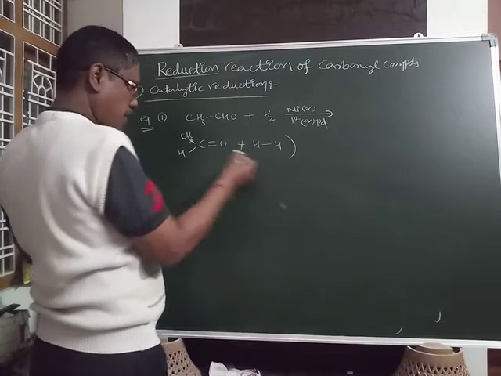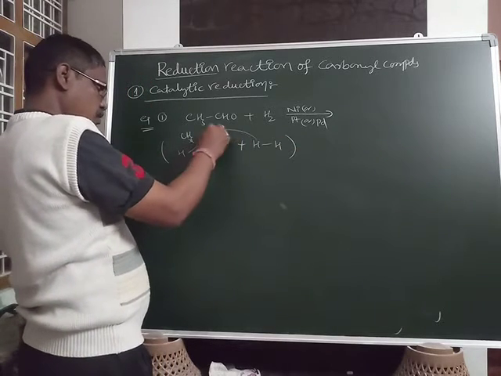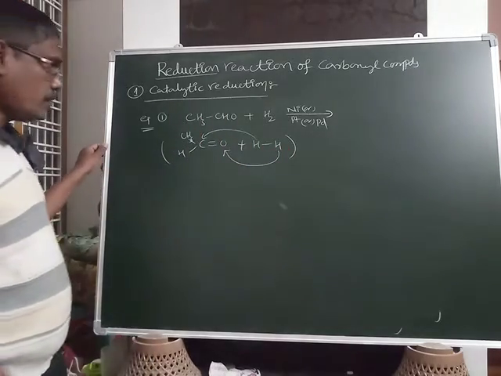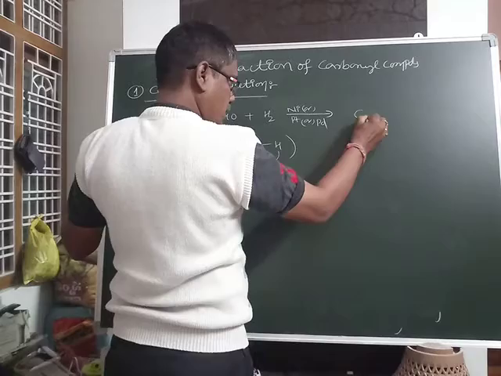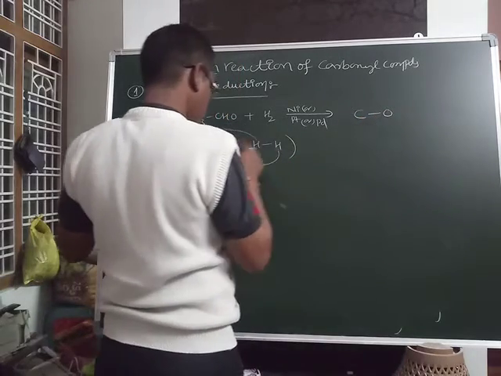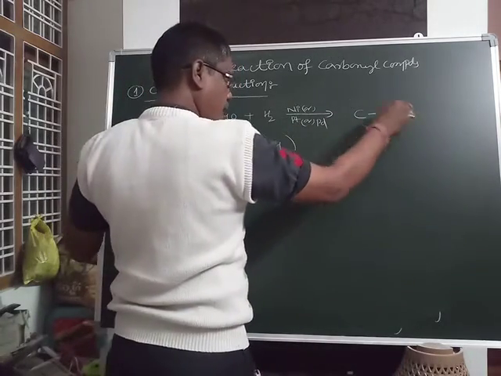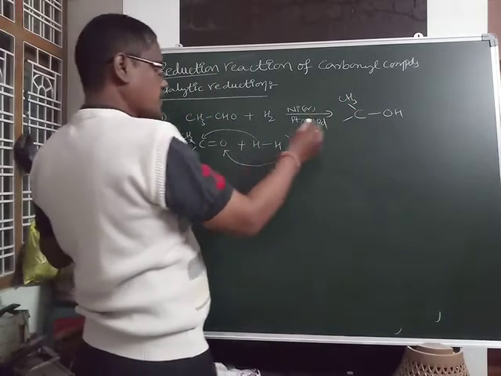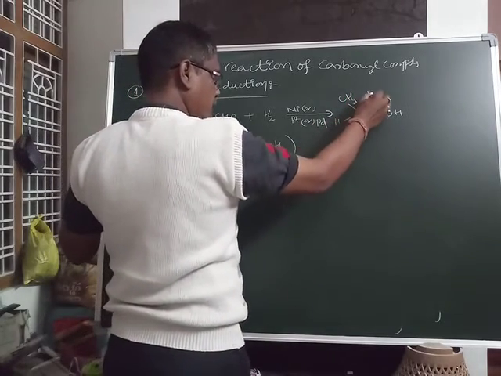This hydrogen is added to carbon, one more hydrogen is added to oxygen. Then we obtain OH, CH3, and H is already present. One more H is added here.